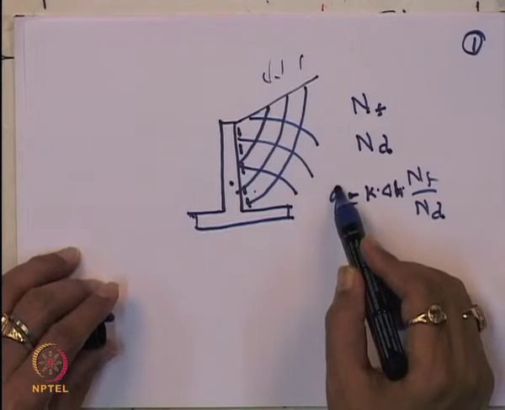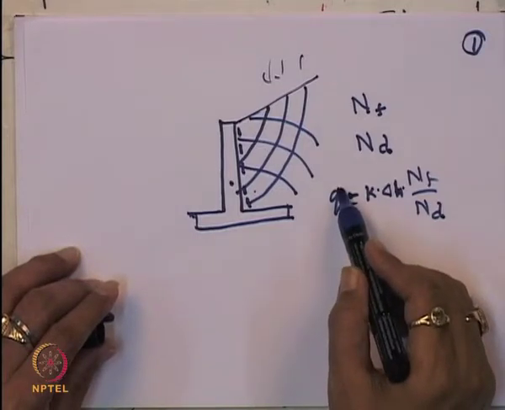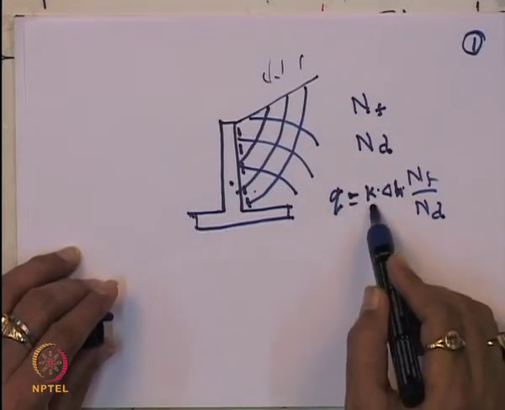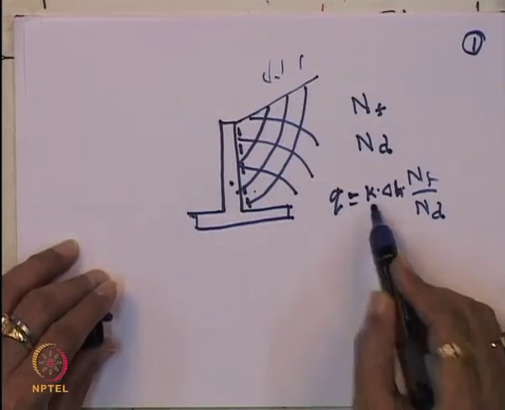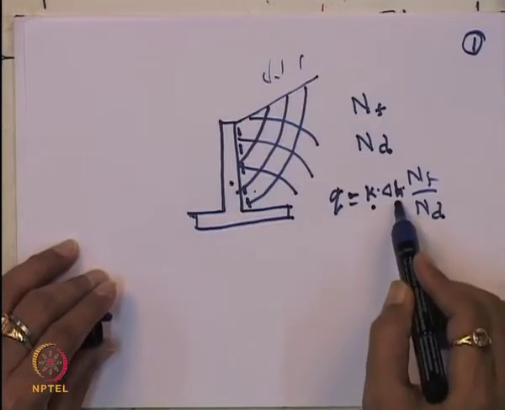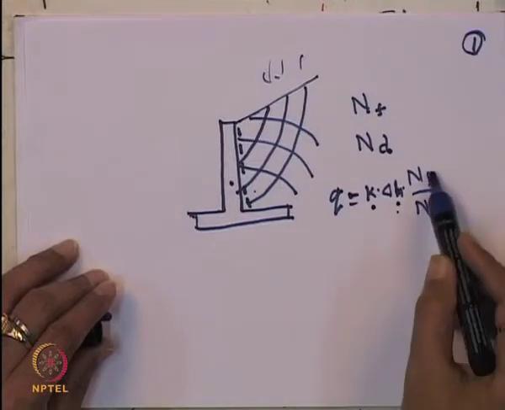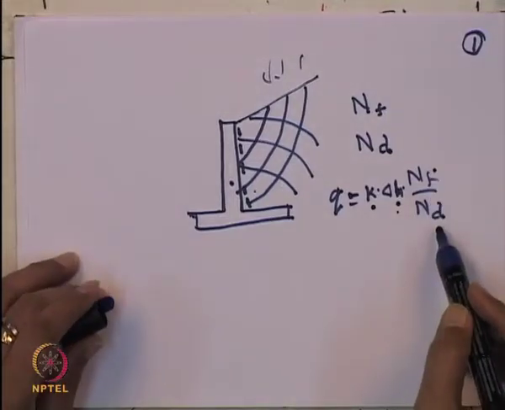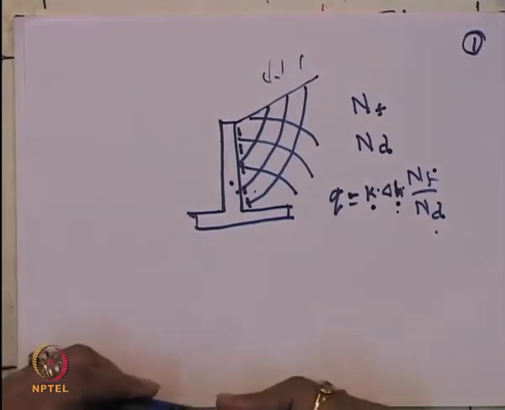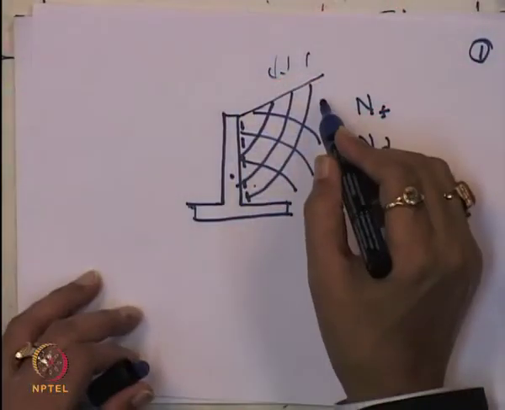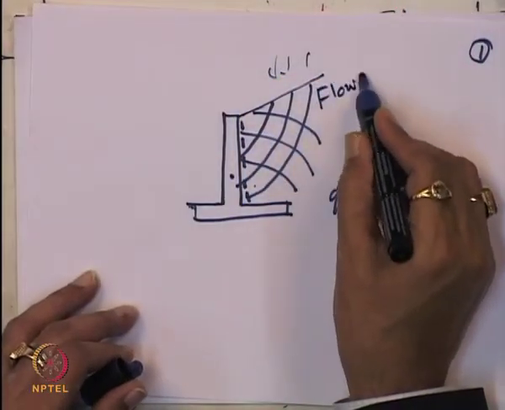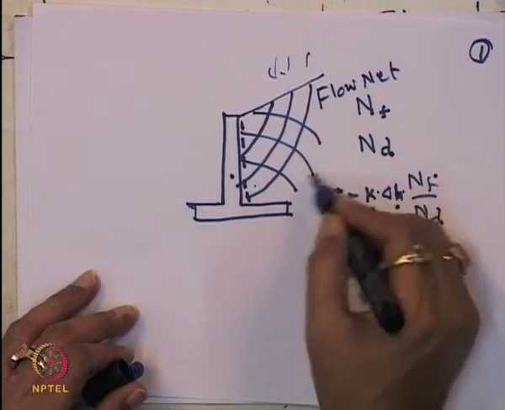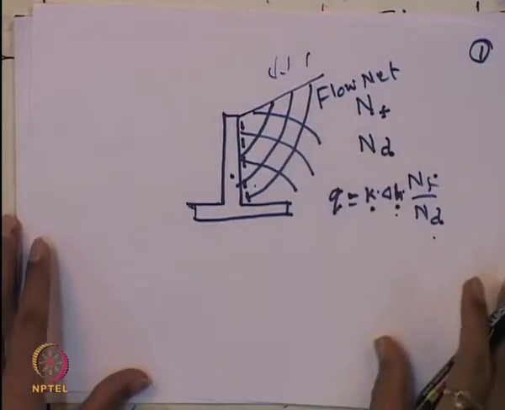Here Q is the flow rate in meter cube per second per meter, K is the coefficient of permeability of the soil in meter per second, delta H is the head loss in meter, NF is the number of flow lines and ND is the number of potential lines. So, from this flow net diagram, you can calculate the quantity of water that can pass through.